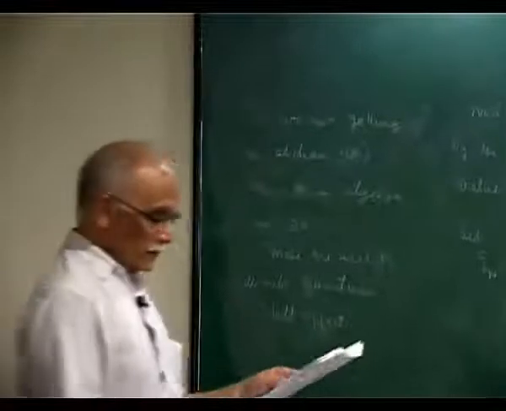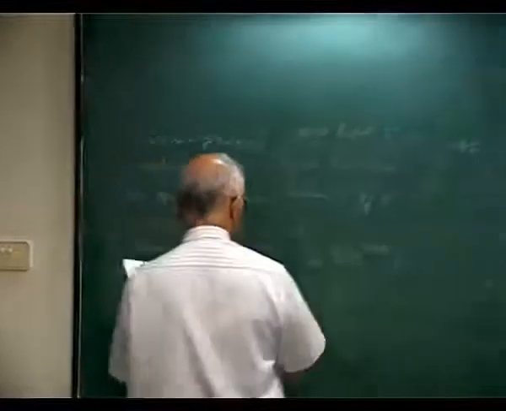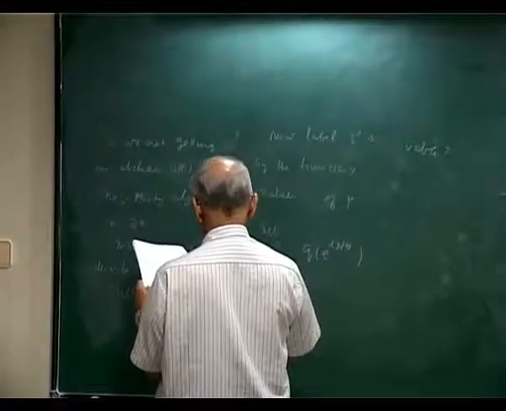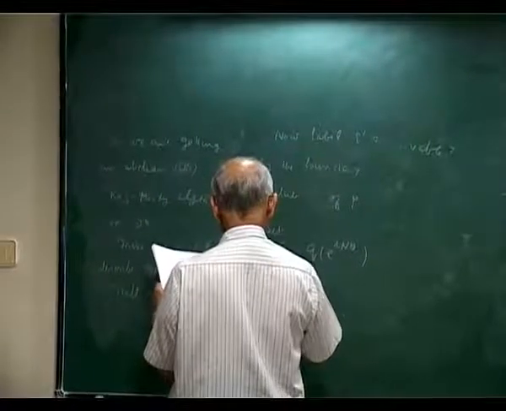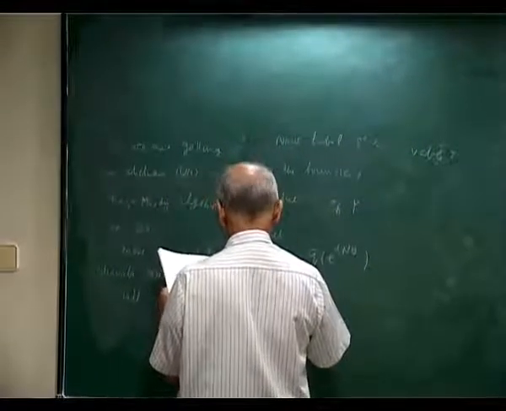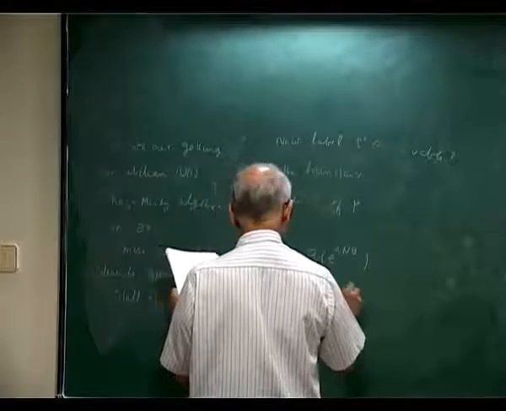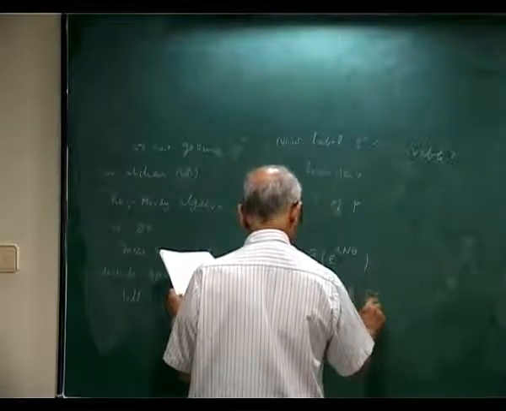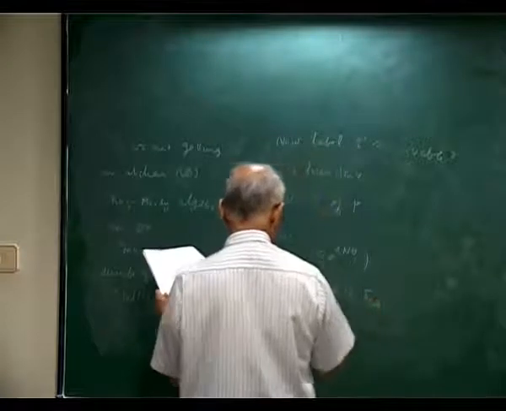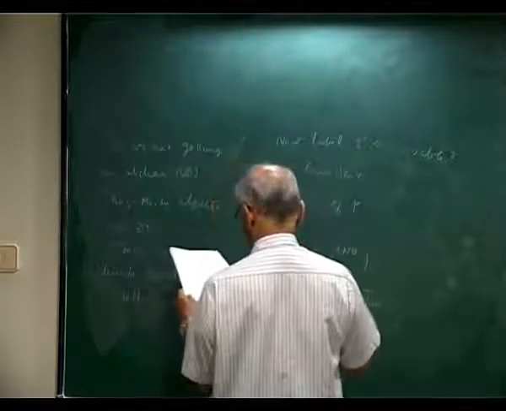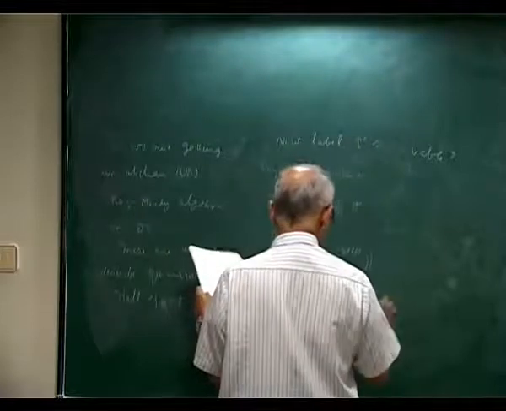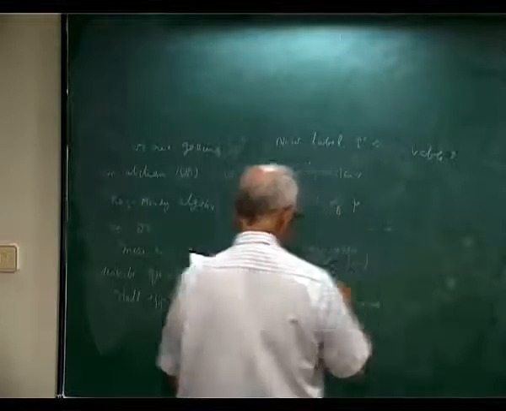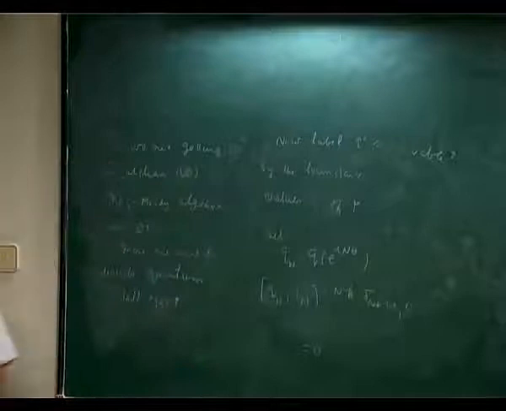And I can calculate the commutators of Q_n and Q_m, and I get n times k times delta_{n+m,0}.